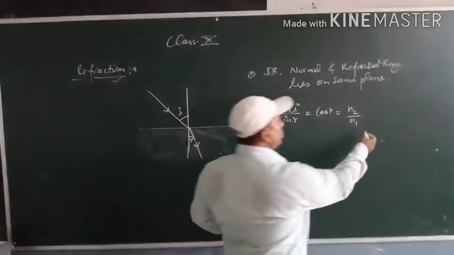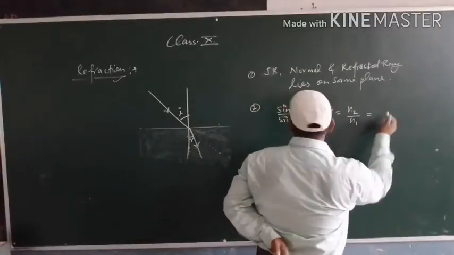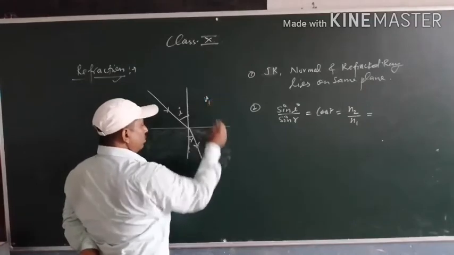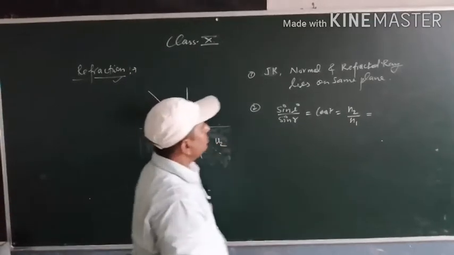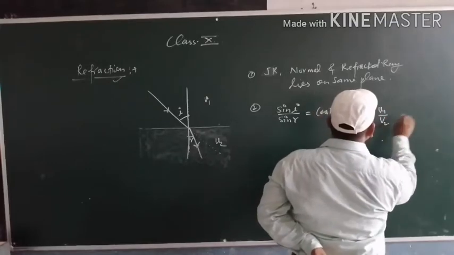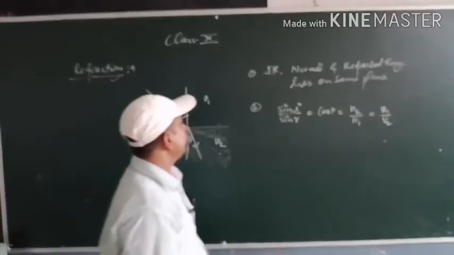That can also be defined as the ratio of the speed of light in the first medium to that in the second medium.